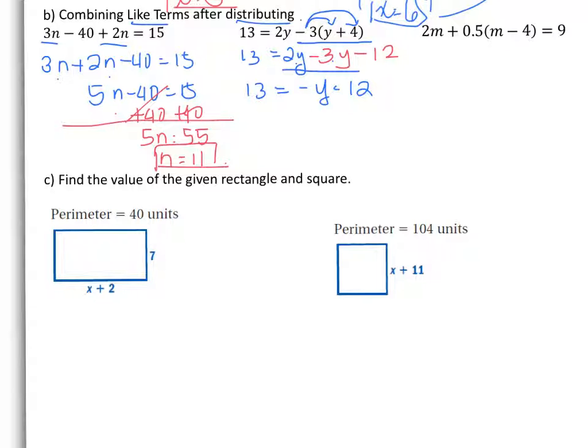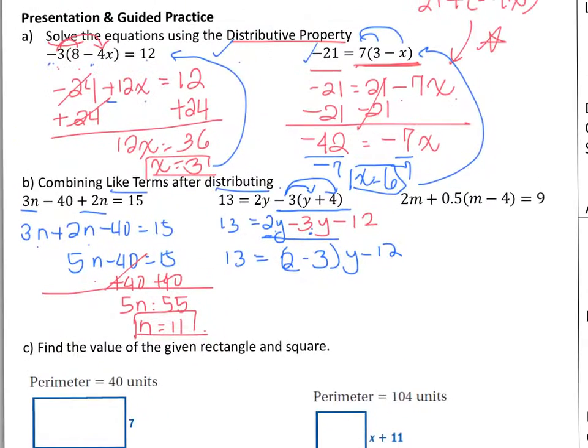I actually skipped a step. The reason why I can take 2 and subtract 3 is because of the distributive property. Watch this. 2 minus 3, and take out the y. This is the distributive property reversed.